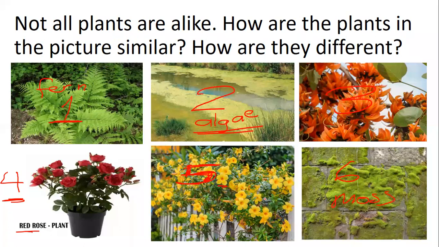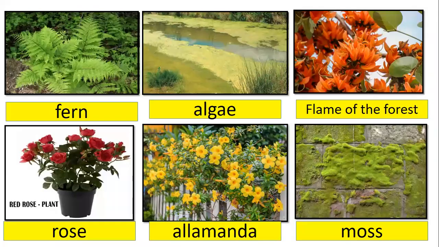So what is number 5? Alamanda. Very good. Alamanda. That's it. Fern, algae, flame of the forest, rose, alamanda, and moss.